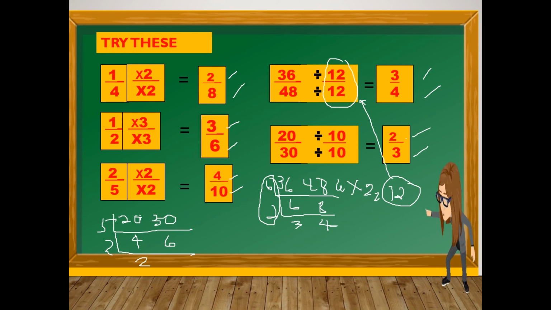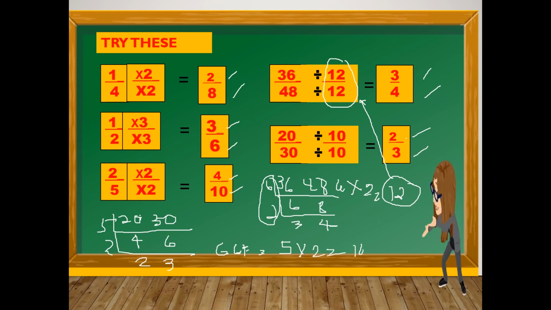So 2 and 3. So the GCF is what? 10. That is 5 times 2 is equal to 10. That's why you have this one, 10. Okay? Very good.